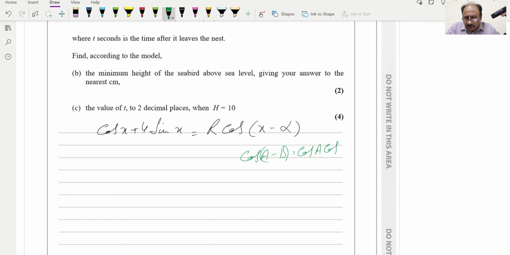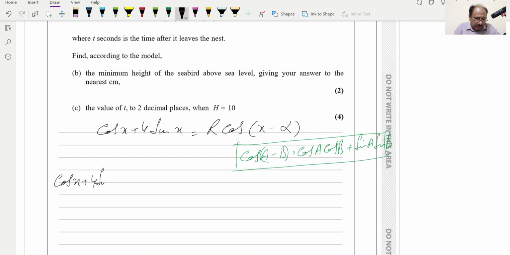This is the formula which we will be using over here, and this will give us cos of x plus 4 sin of x is equal to r cos of x cos of alpha plus r sin of x sin of alpha.